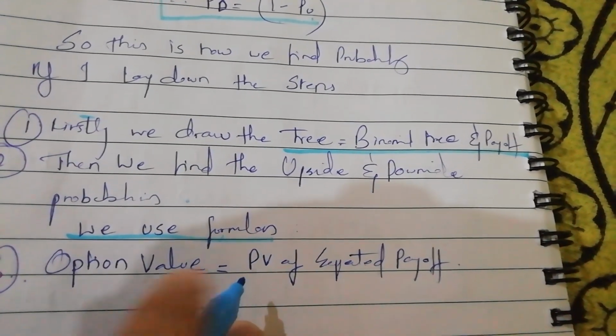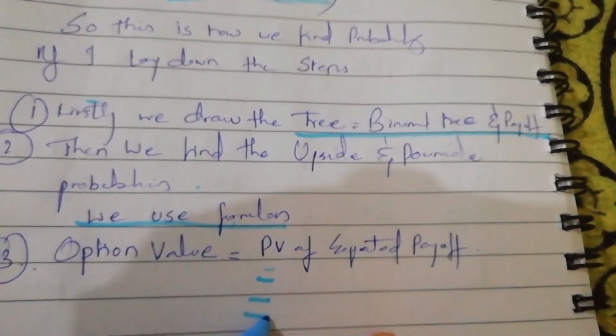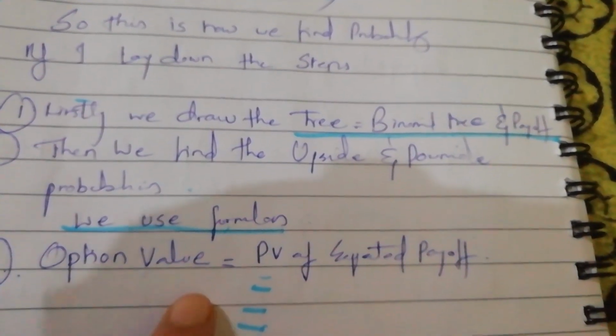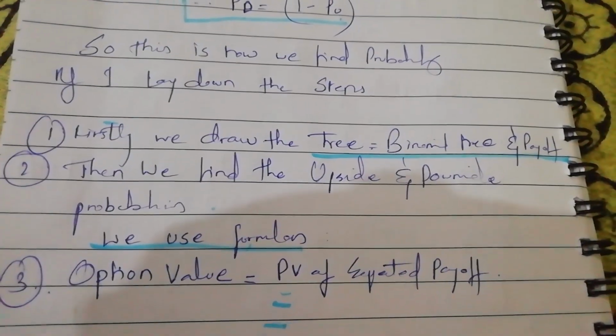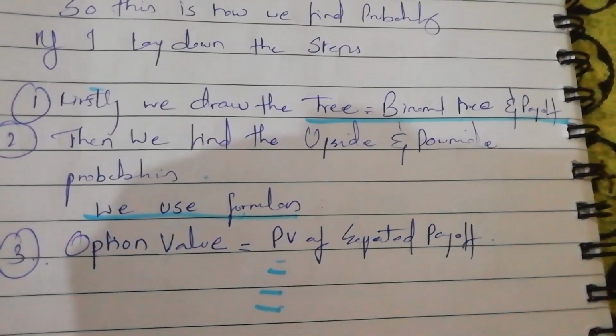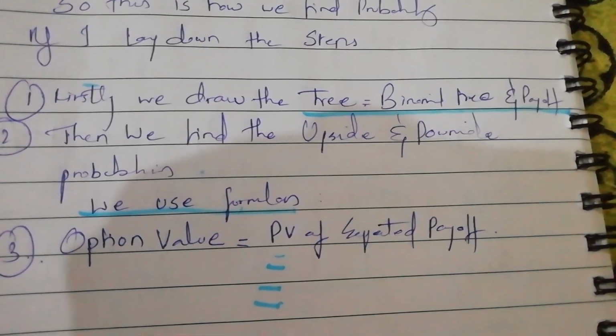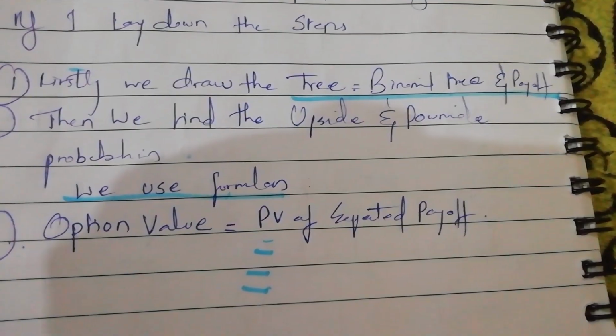The third step is we find the option value, that is the present value of the expected payoff. This present value of expected payoff can be calculated using continuous compounding, monthly compounding or annual compounding, etc., or like we did, the simple periodic calculation.